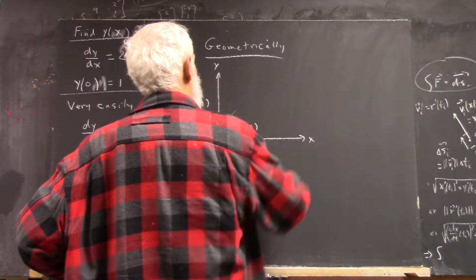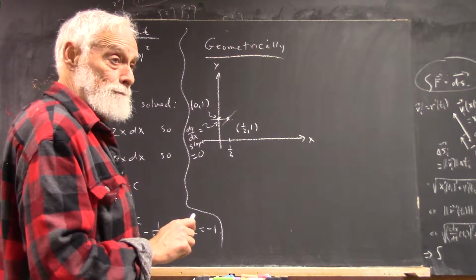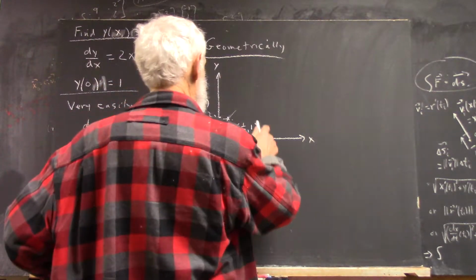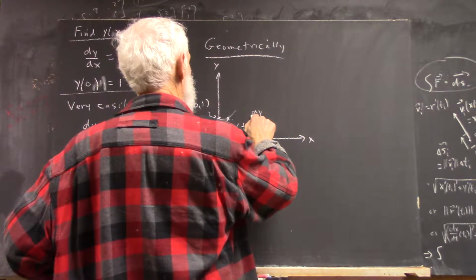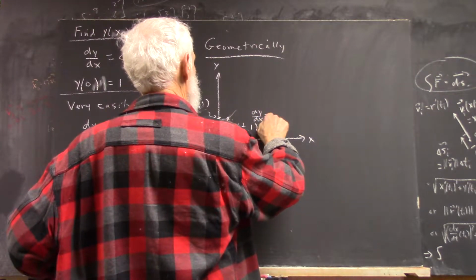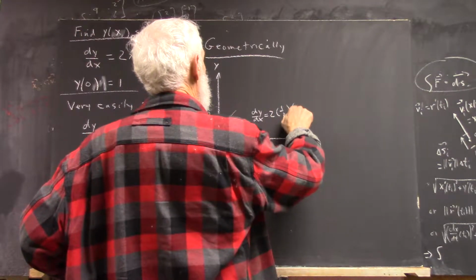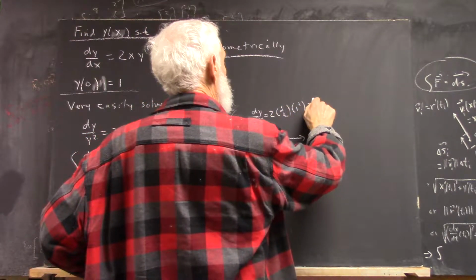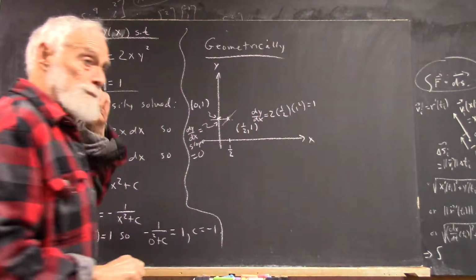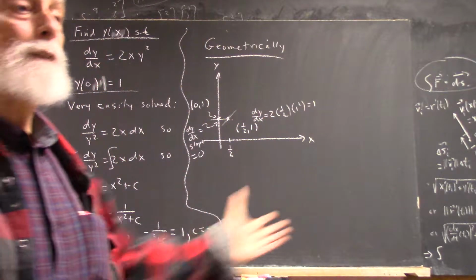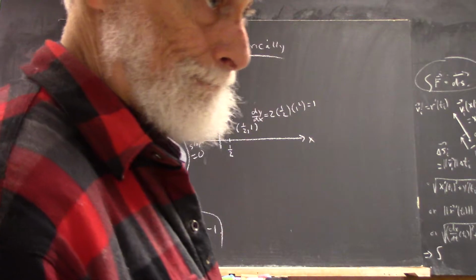We're going to say, okay, now the slope is 1, right? That's 2 times 1/2 times 1 squared equals 1. Now we're going to follow that for another half unit.